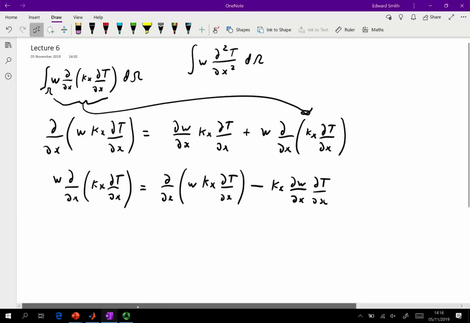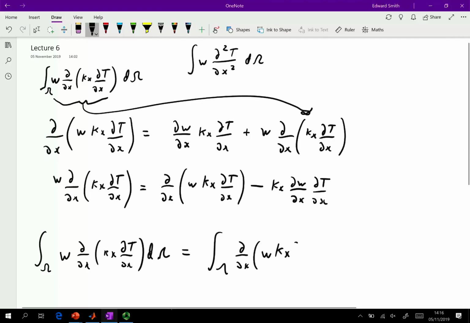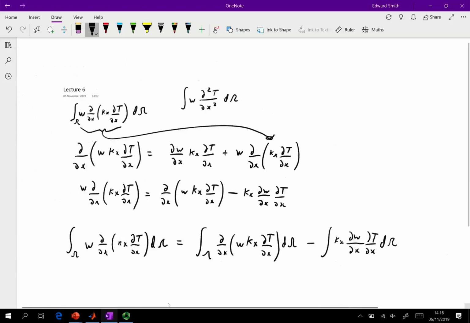So if we substitute this expression into the original equation, the integral is equal to the integral of d by dx of omega kx dT/dx, d omega, minus the integral of kx d omega dx dT/dx, d omega, like that.